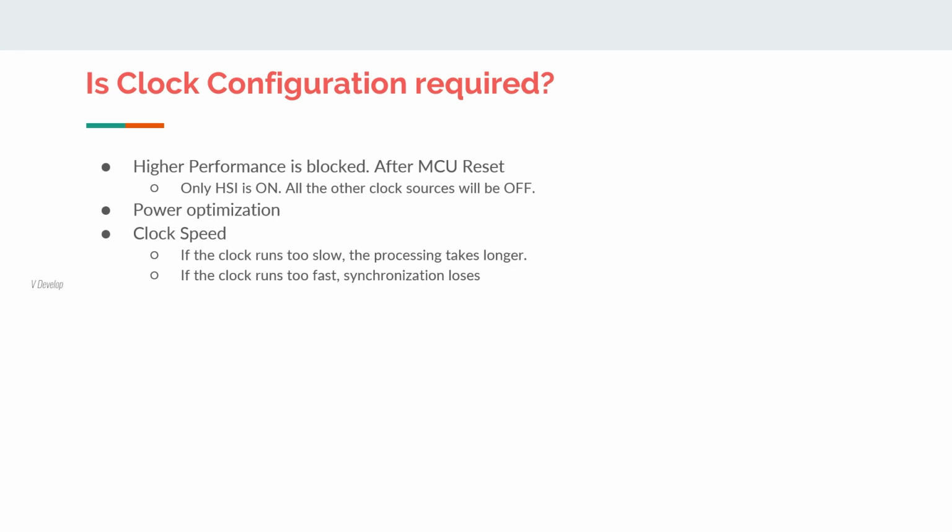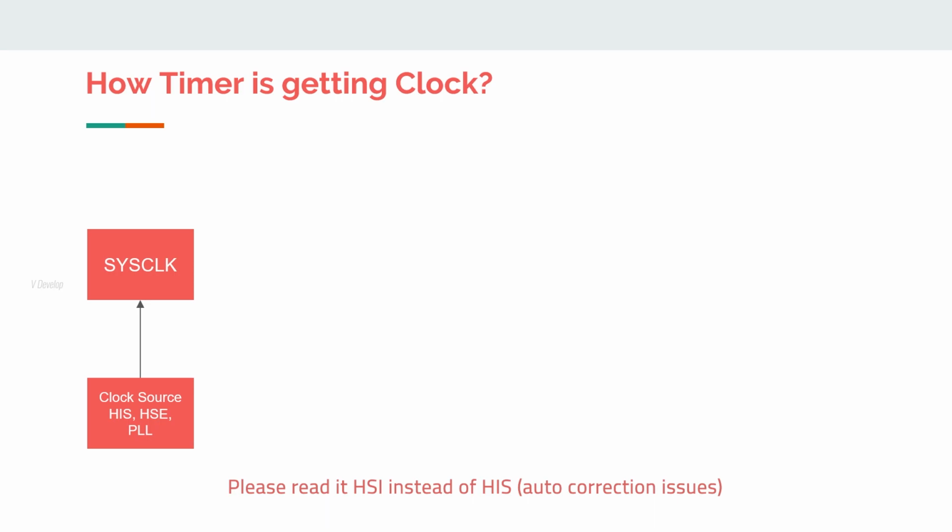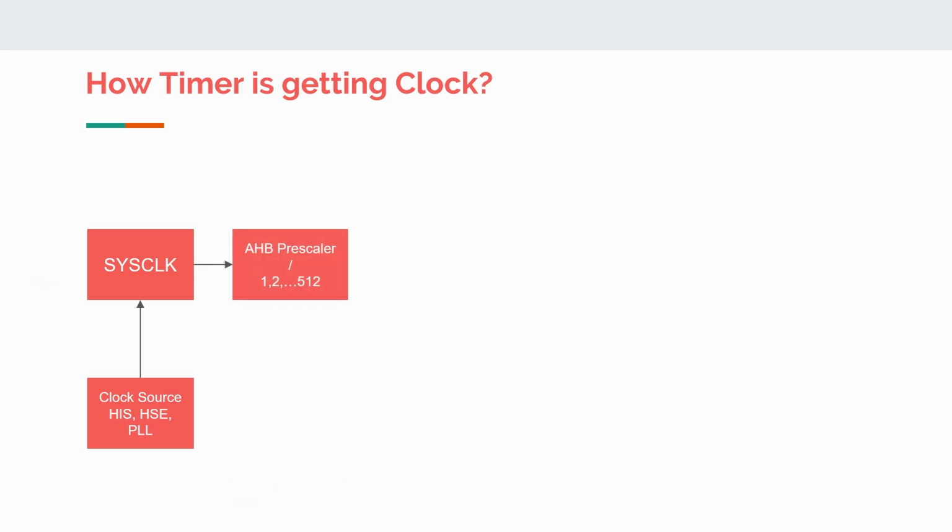Now we can consider the case of a timer. As I said earlier, SYSCLK is getting the clock from any of the clock sources. Then we have the AHB prescaler, which will divide the SYSCLK by 1, 2, 4, 8, or we can use values up to 512. We can define this number according to the clock frequency we require. The frequency we get after AHB prescaling is called HCLK.